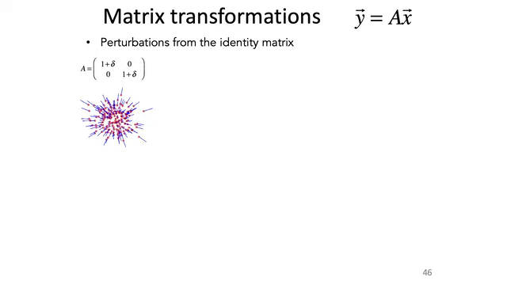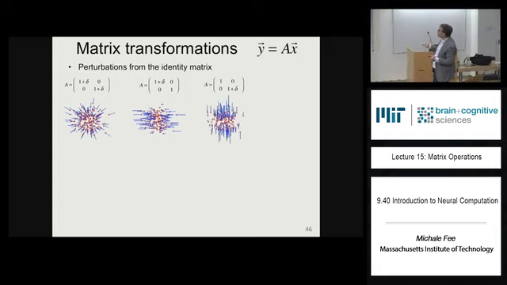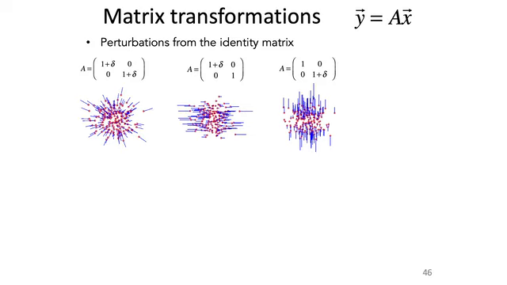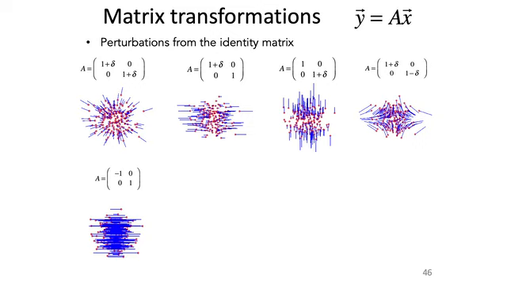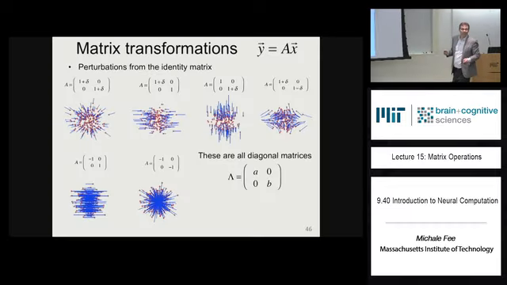Okay, so we have symmetric perturbations in the x and y components of the identity matrix. We have a stretch transformation that stretches along one axis but not the other. Stretch around the other axis, the y-axis, but not the x-axis. Stretch along x and compression along y. Mirror reflection through the y-axis. Inversion through the origin. These are all examples of diagonal matrices.